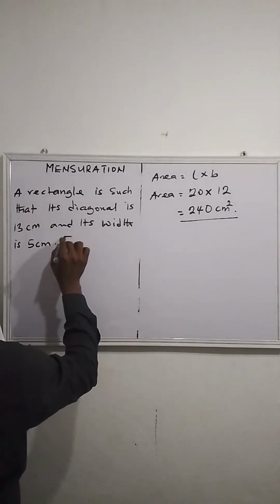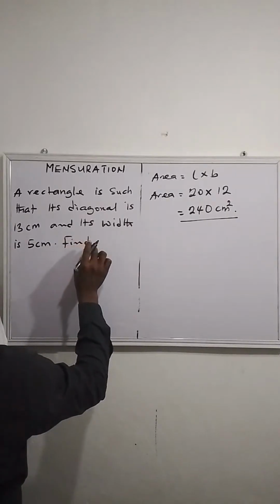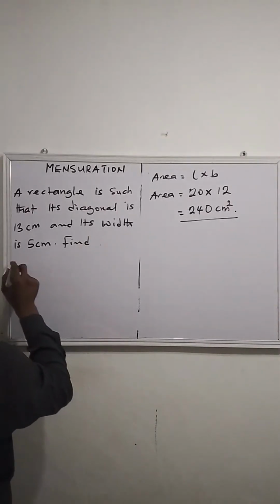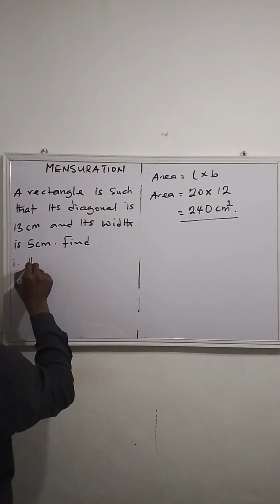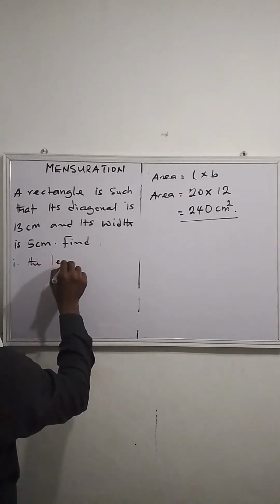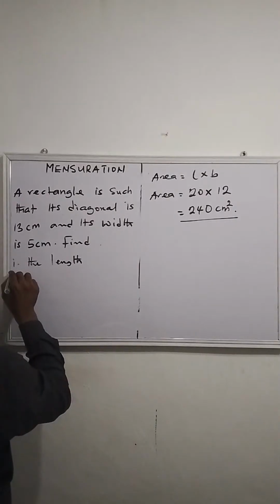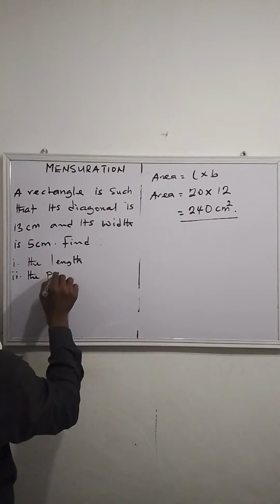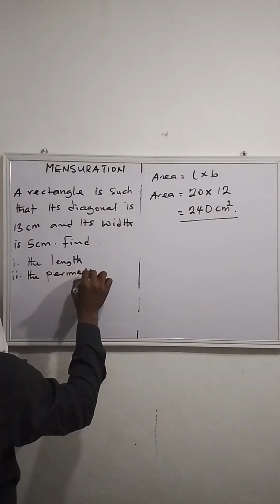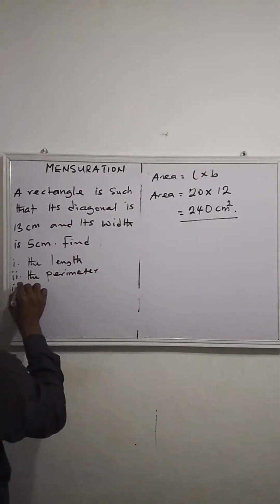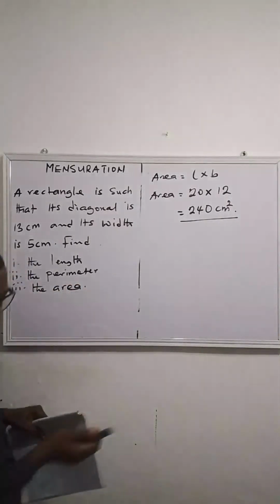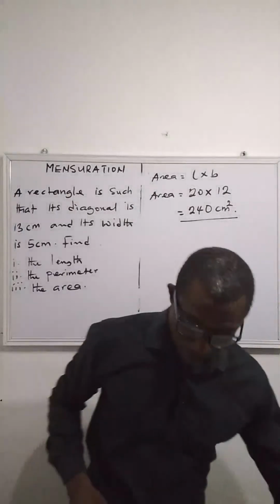Okay, so find, Roman numeral 1, the length, 2, the perimeter, and the area. Okay, so that is the question.